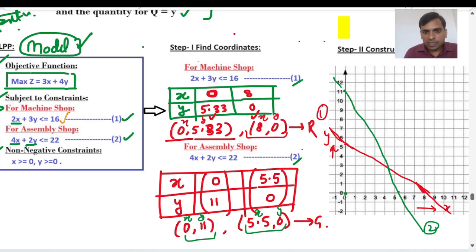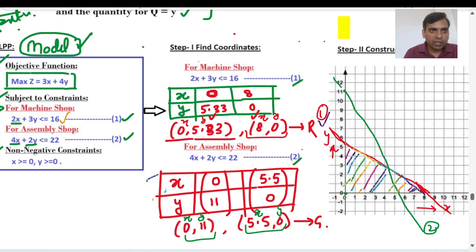So for this line, the area towards 0 is this downside area, but not in the negative region.